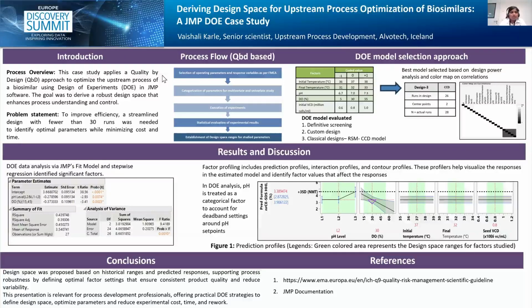So this entire study was basically geared towards achieving a robust and consistent process. This presentation is relevant for process development professionals. It offers very great insights for DOE strategies to define design space for the process team and optimize parameters, if we want to achieve high efficiency with reduced cost, time, and rework.